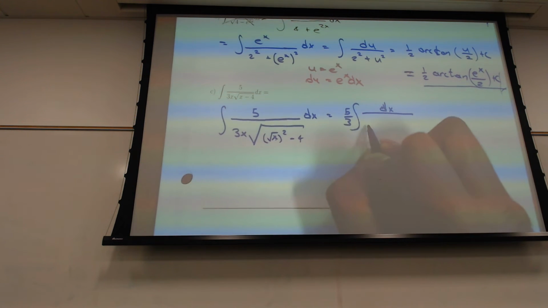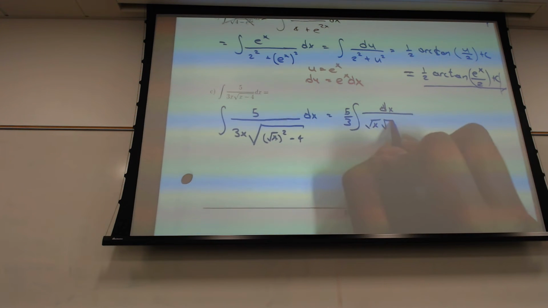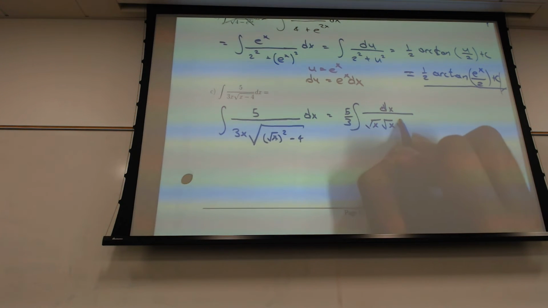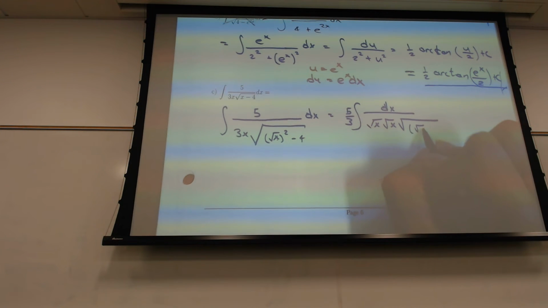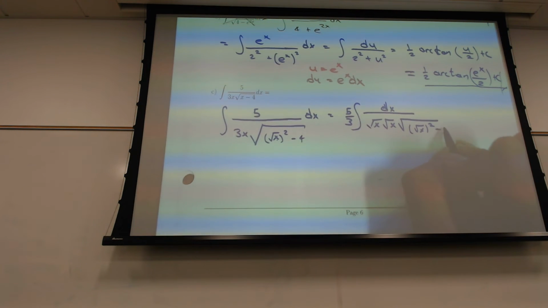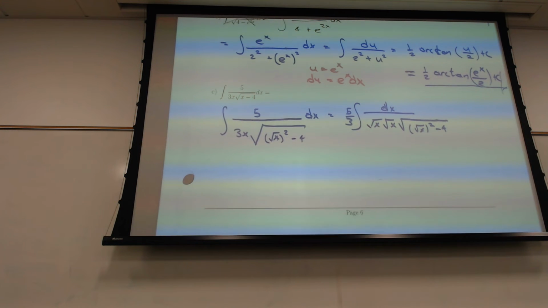So that will be the square root of x times the square root of x times the square root of this ugly looking square root of x squared minus 4. Okay, but we have more than one factor. Do you notice that?